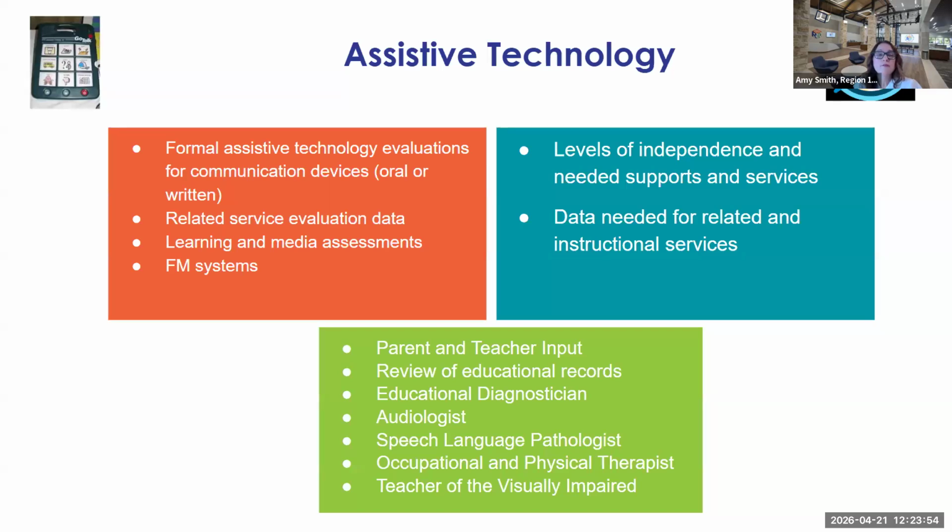You may find assistive technology recommended in other places in the FIE report as well, related to other services that your child requires, such as physical therapy or learning media to support an impairment in vision. And again, in the green box, you will see the people that primarily contribute to this section.